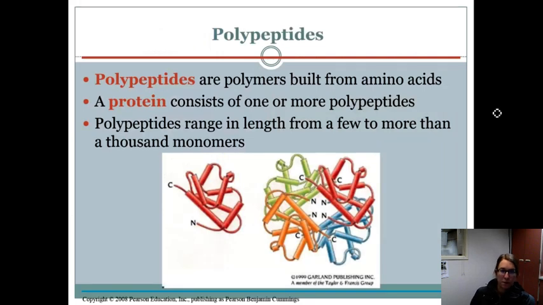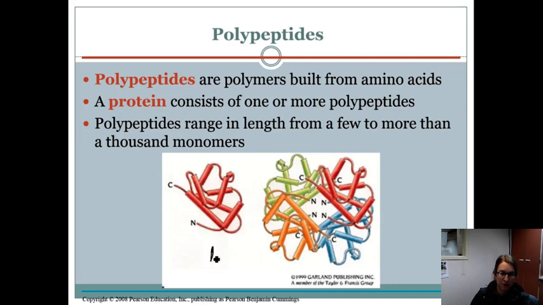So when you put amino acids together using dehydration synthesis, you're going to get a polypeptide. So polypeptide is the polymer made from a bunch of amino acids. Sometimes a protein has just one polypeptide, and sometimes a protein has more than one polypeptide. So in this picture down here, these are meant to represent a string of amino acids, which is a polypeptide.